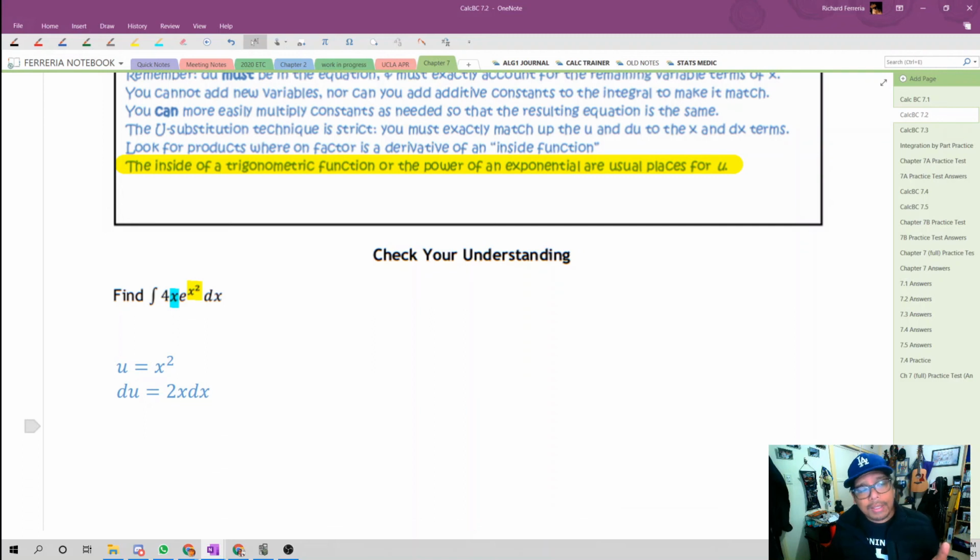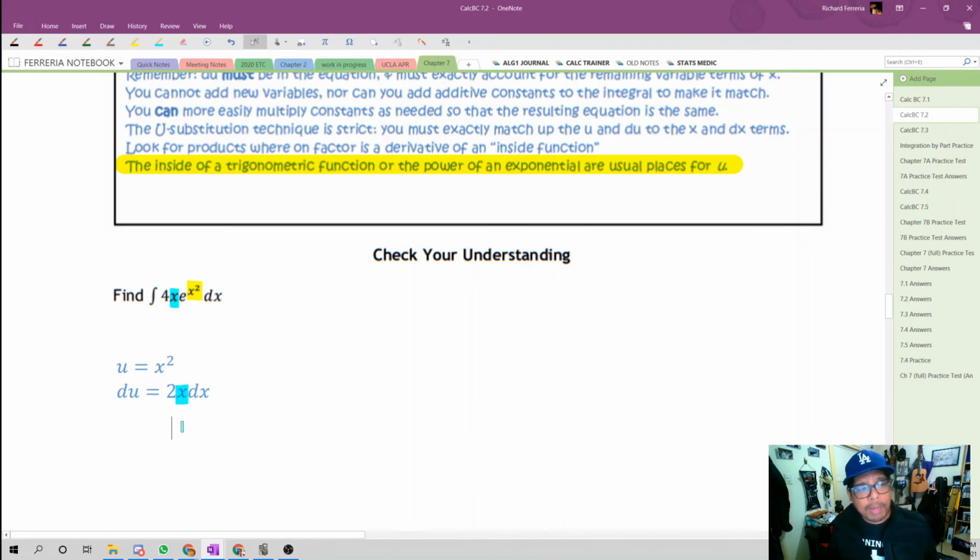When you make the substitution, you usually go right from u equals x squared to du equals 2x dx. It's kind of a wasted step to write down du over dx equals 2x because you know where this is going already. So just go right to du equals 2x dx. And then let's take a look at the integrand and compare it to what we have.